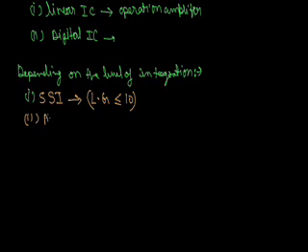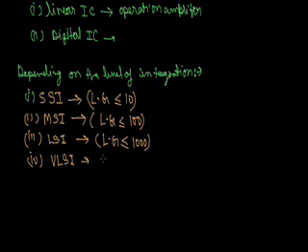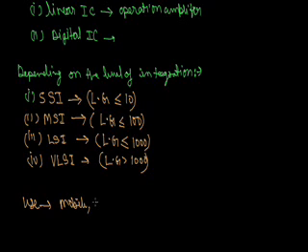Then MSI, logic gates less than or equal to 100. After that, LSI, logic gates less than 1000, and VLSI, in which logic gates are greater than that. So these are our integrated circuits, used in mobiles, electrical appliances, etc.